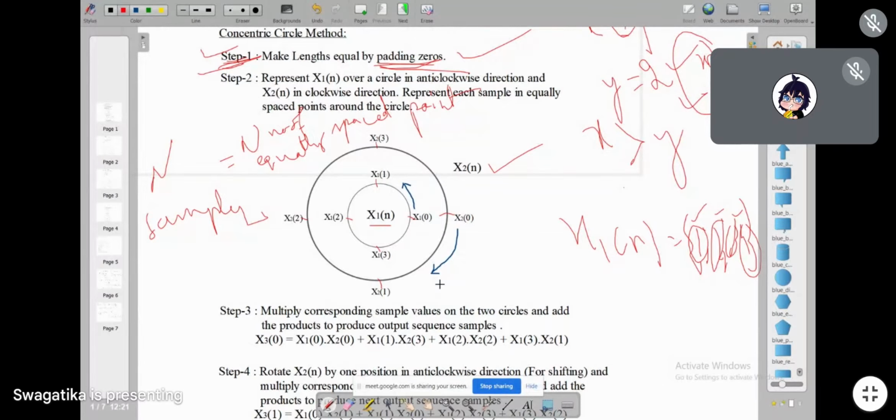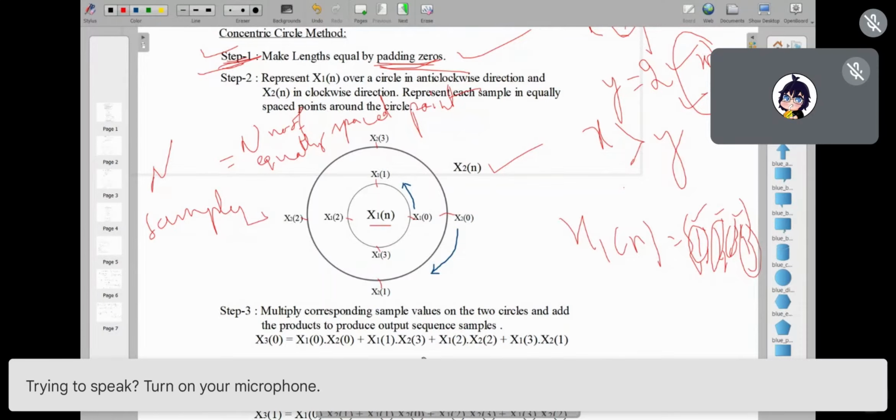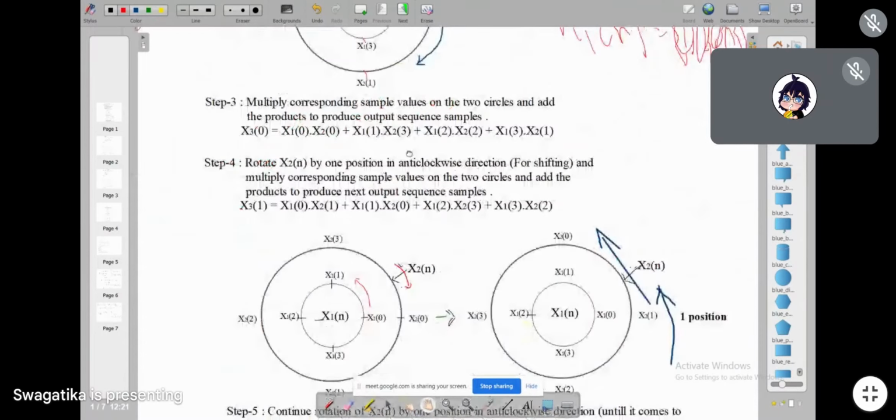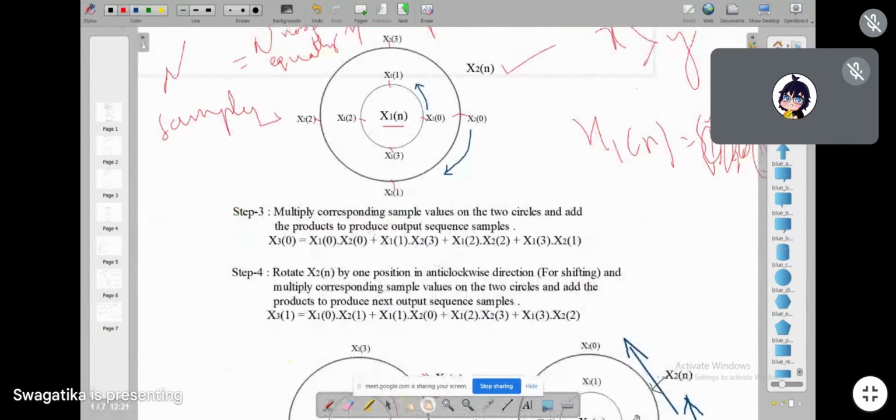Yes, ma'am. Okay, now coming to step number 3. What is your step number 3? You have to multiply corresponding sample values which have been arranged by these two circles.